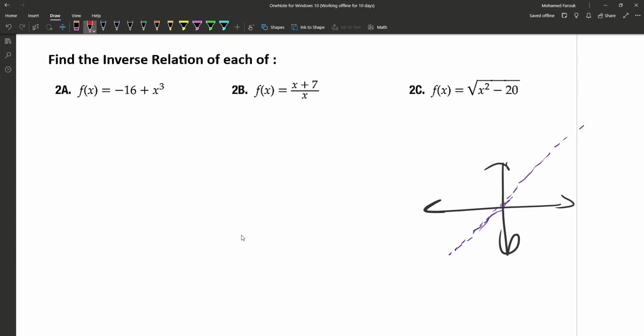For example, if I have something like this, I told you to get the reflection with an easy way. You just select some arbitrary points so that you can reflect them. Okay, the reflection of this point is here, the reflection of this point is the same, the reflection of this point is here, reflection of this point will be here, I think.